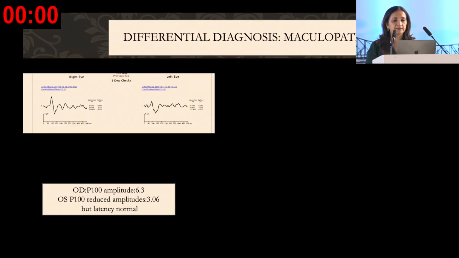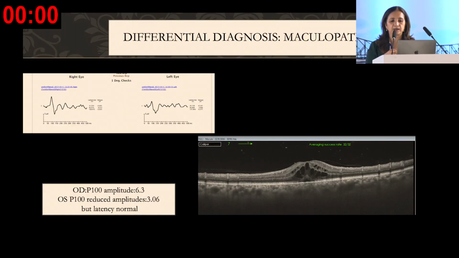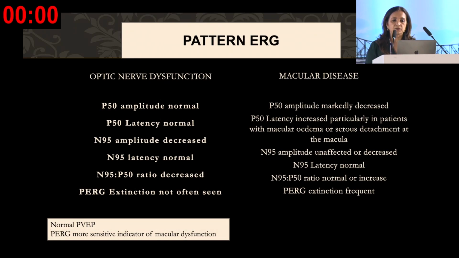And here is the other example: if you have a macular edema, you can see that the pattern VEP is low, but pattern VEP is not diagnostic of optic nerve disease, because even a macular problem can result in reduced pattern VEP. So with pattern ERG, how will you distinguish optic nerve dysfunction from macular disease? P50 is normal in optic nerve dysfunction.